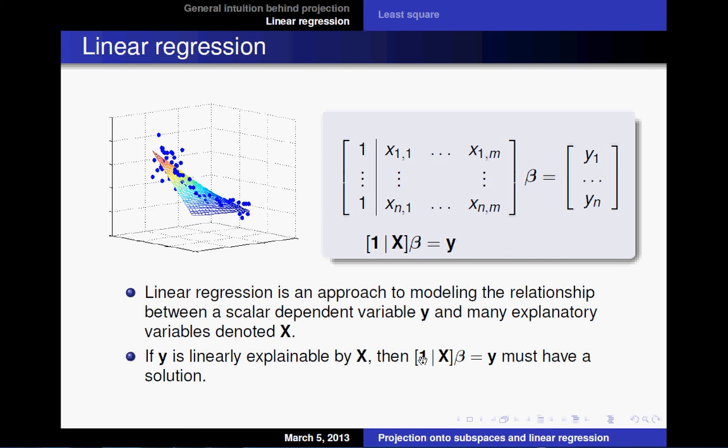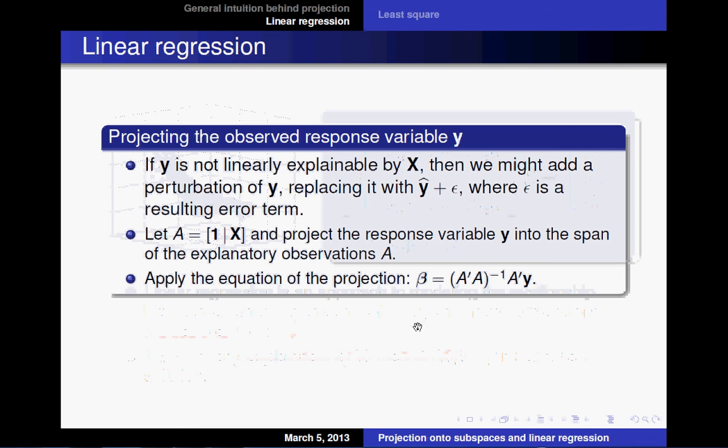Okay, but in real life things are not like that. There could be measurement errors or some other kind of randomness. So we probably have no solution in that system, and the method we follow will be to create some perturbation of the right-hand term, to introduce some error, and to try to minimize that error.